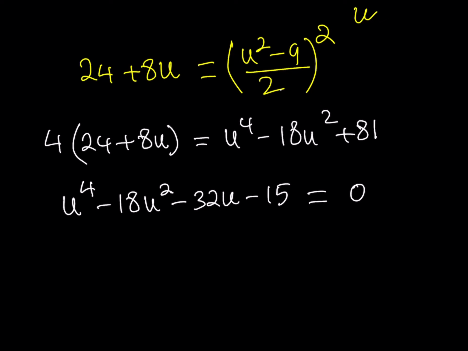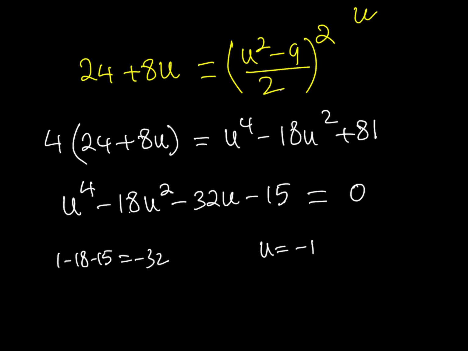The coefficient of u to the 4th is 1, the coefficient of u squared is negative 18, and the constant term is negative 15. If I add those, 1 minus 18 minus 15, I get negative 32, which is equal to the coefficient of the odd power term, which means u equals negative 1 is a possible solution.